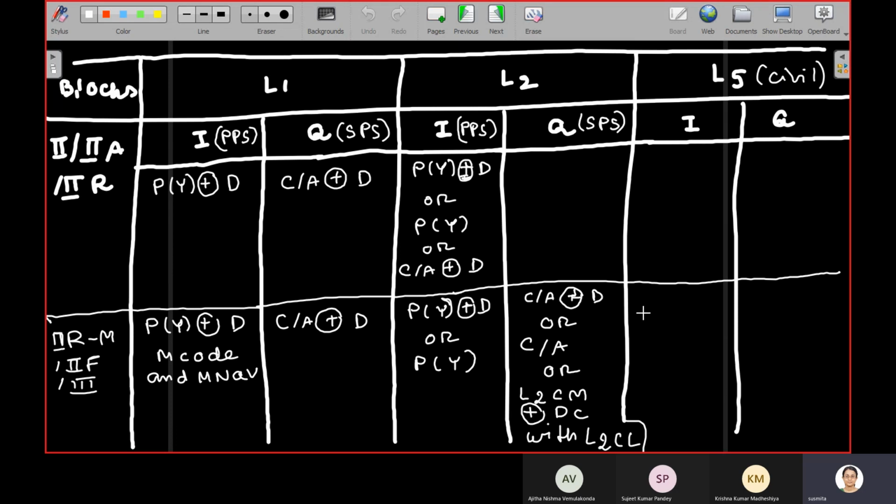This one here, I'll just write psi 5 with this.